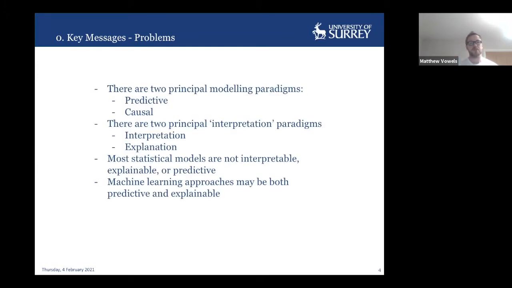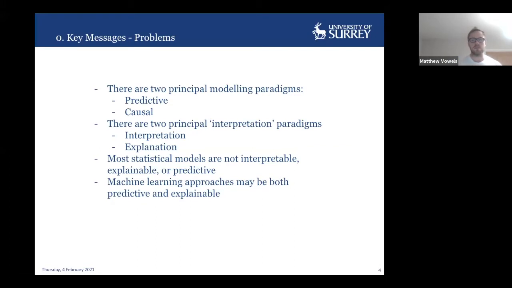So the summary of what's going on in this talk, and again, this overlaps with my previous workshop. There are two principal modeling paradigms: predictive and causal. Some might argue that there's also descriptive modeling as well. I'm kind of lumping that in with predictive because essentially we're using these relatively blunt measures of correlation and association to describe maybe low order statistics in the data.